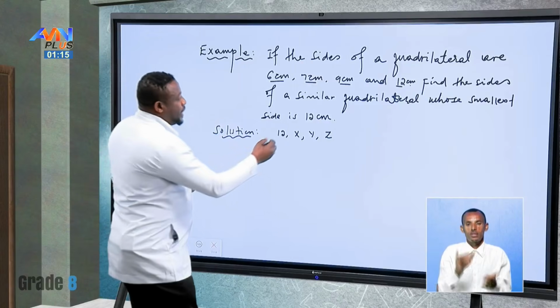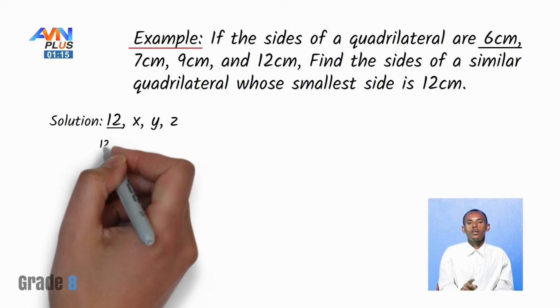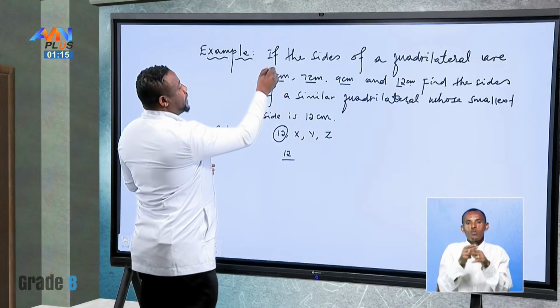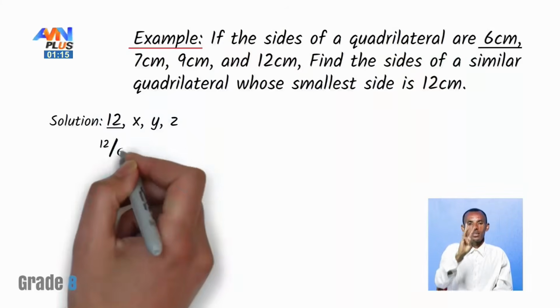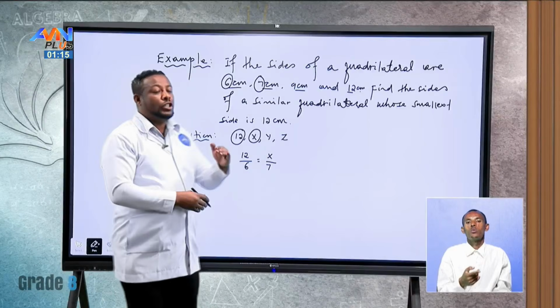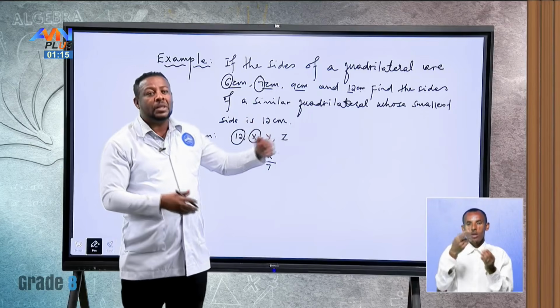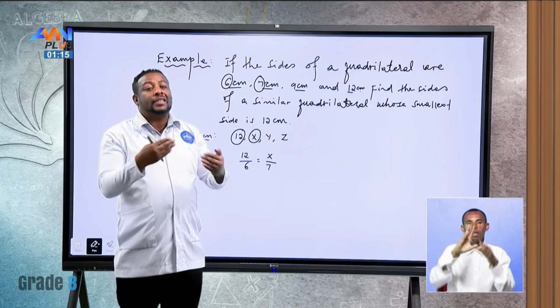That means the smallest one, 12, over the smallest one here, which is 6. 12 over 6 must be the same as the next side, x over 7. Here you need to consider that these numbers or arrangements are given in ascending order.